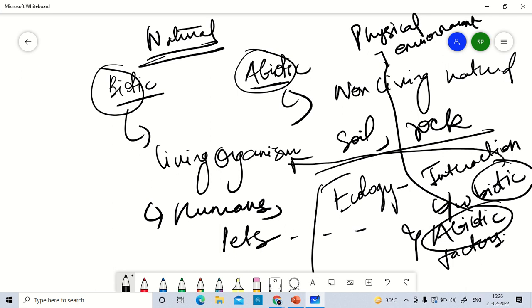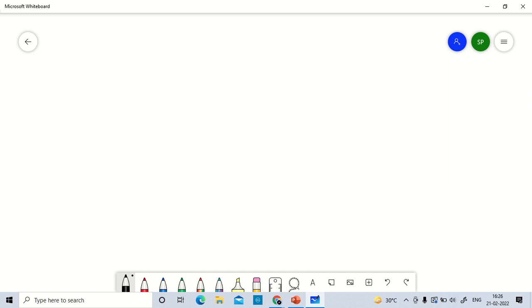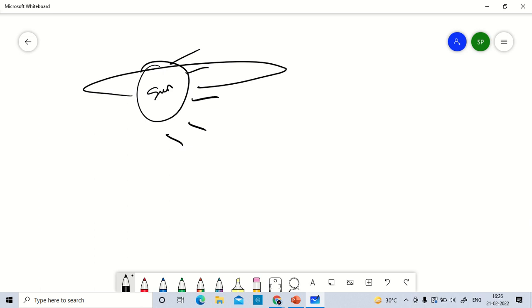So how are major biomes formed, like desert and rainforest and tundra regions? We know in earlier classes that this is the sun, and let's say this is the planet.